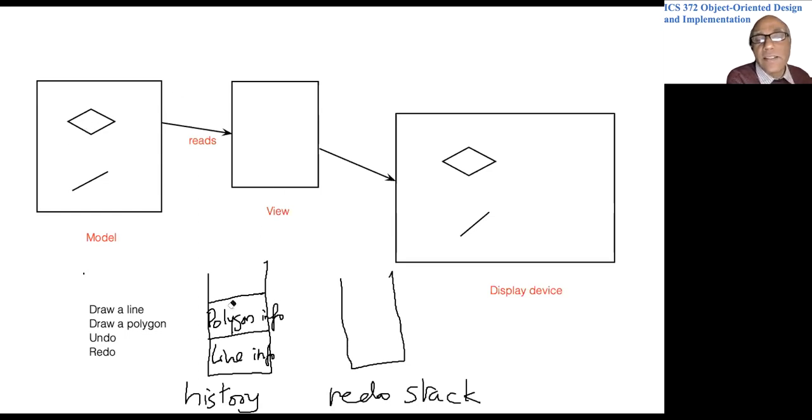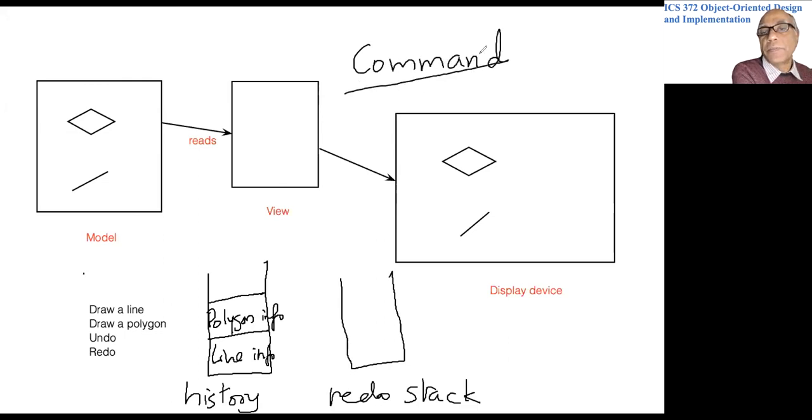The second thing is this polygon info or line info, or info on any shape that can be undone, is stored in a command class. So we have a new abstract class called a command. And for every shape, or rather for every command, we have a subclass of command.